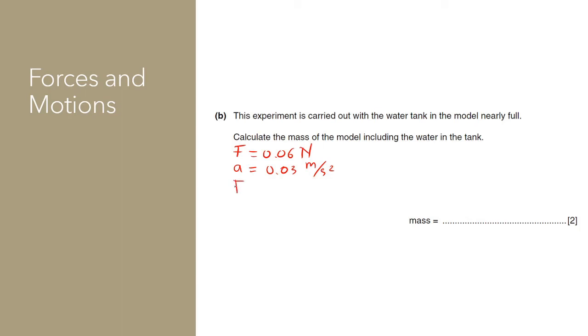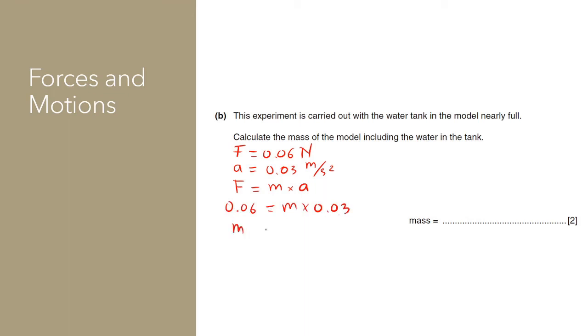According to Newton's second law of motion, force equals mass times acceleration. The force is 0.06, which equals mass times 0.03.